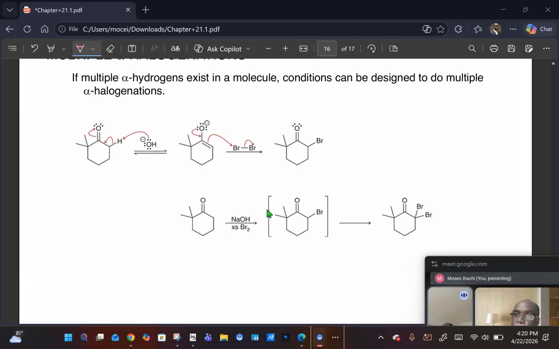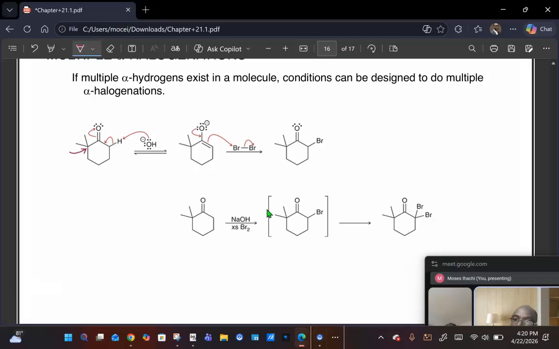So this is in basic medium. Are we able to put bromine there? Now this is me quizzing you. It's still an alpha carbon, but it is occupied. Remember we are talking about alpha substitution. You need a hydrogen. So in this case, like you asked before, I'm using this to answer you.